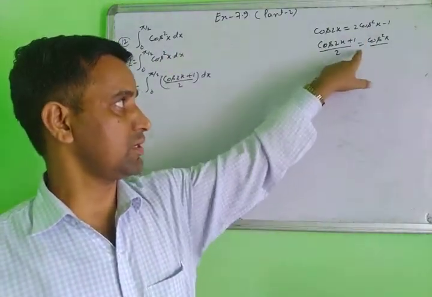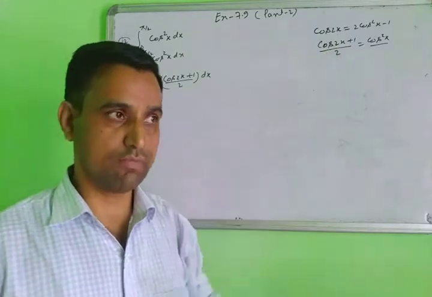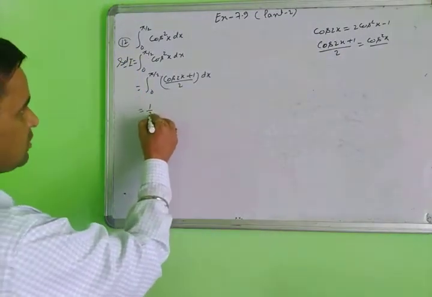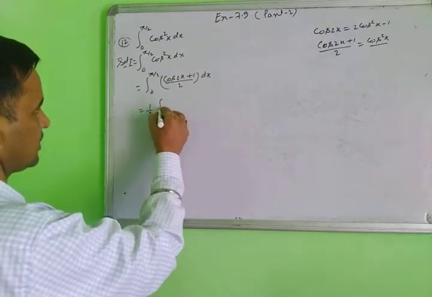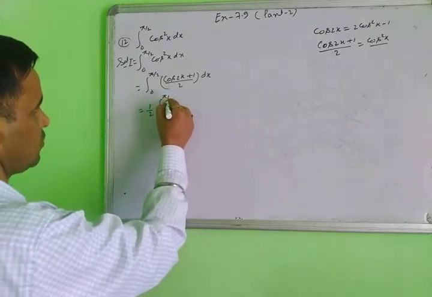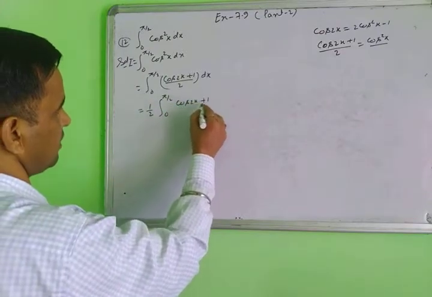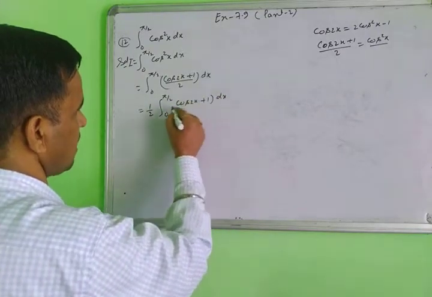First of all, you break down the square into the simplest form of cos, because you have no direct identity for integrating cos square. You get this, then take the 1 by 2 outside. What is left is the integral from 0 to pi by 2 of (cos 2x plus 1) dx.